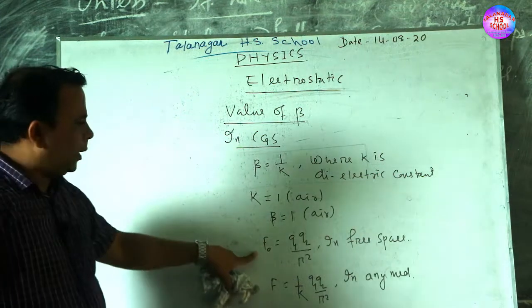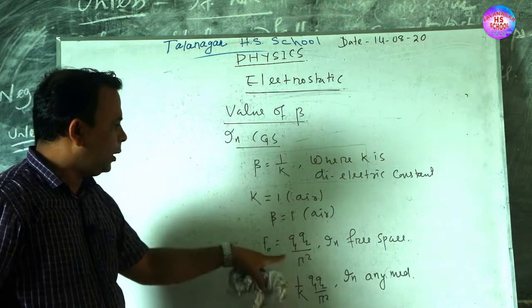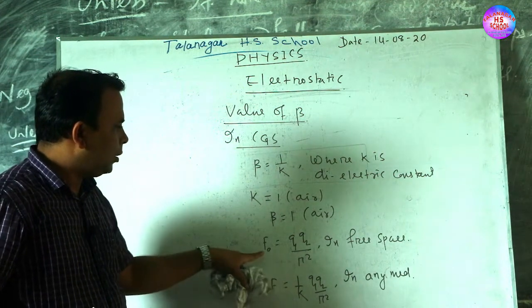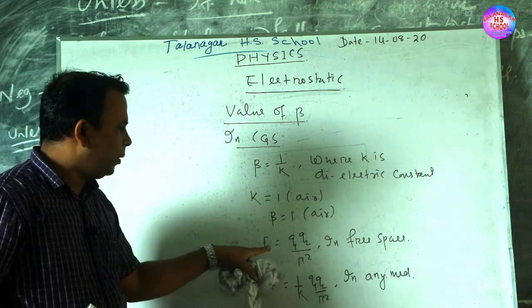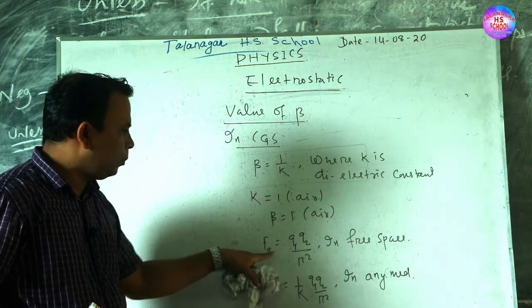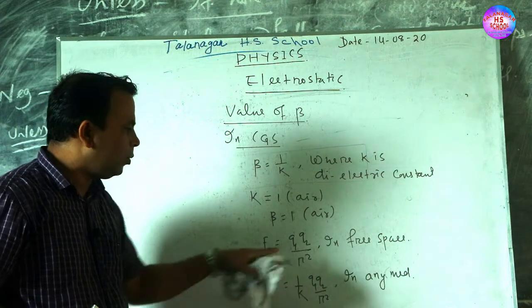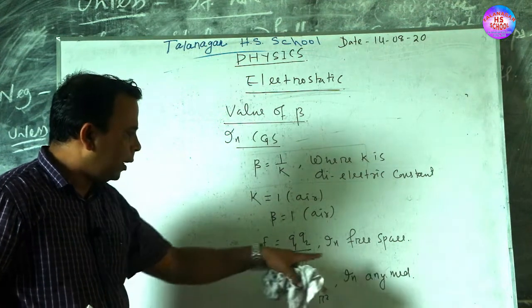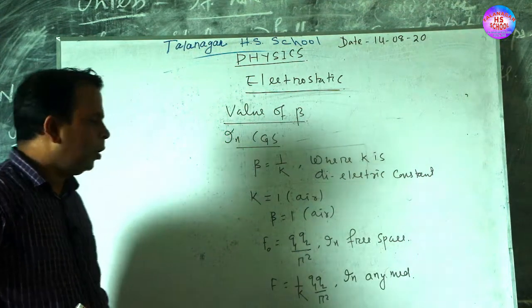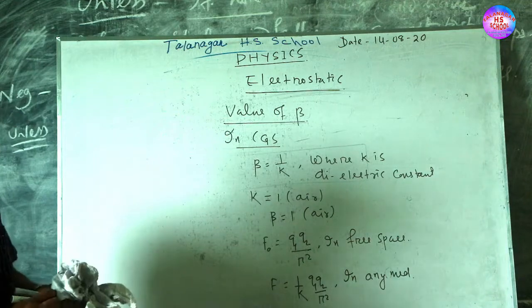In free space, substituting the value of beta, F0 means electrostatic force or Coulomb force in free space is q1 q2 by r square, and in any medium F equals 1 by k q1 q2 by r square.